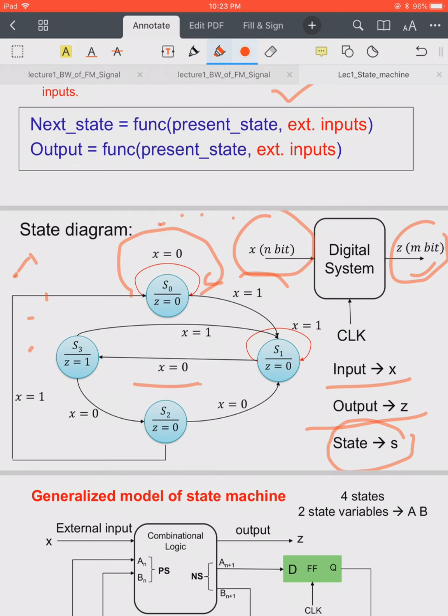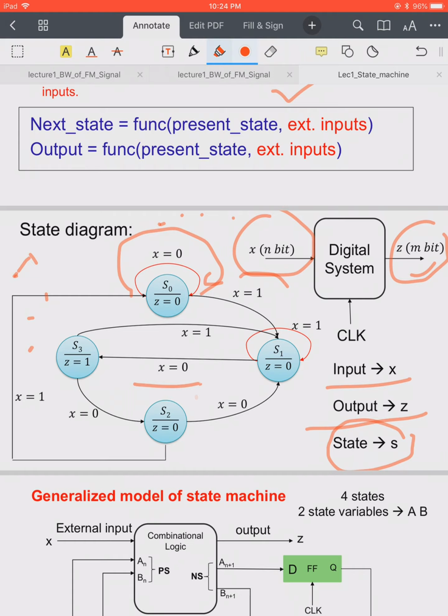So this way we can describe the complete behavior of the system, and we can represent the behavior of this digital system using a state diagram, right? You can see that the system produces output z equal to 1 only at state S3. Here the output of the system depends on the present state only, right?